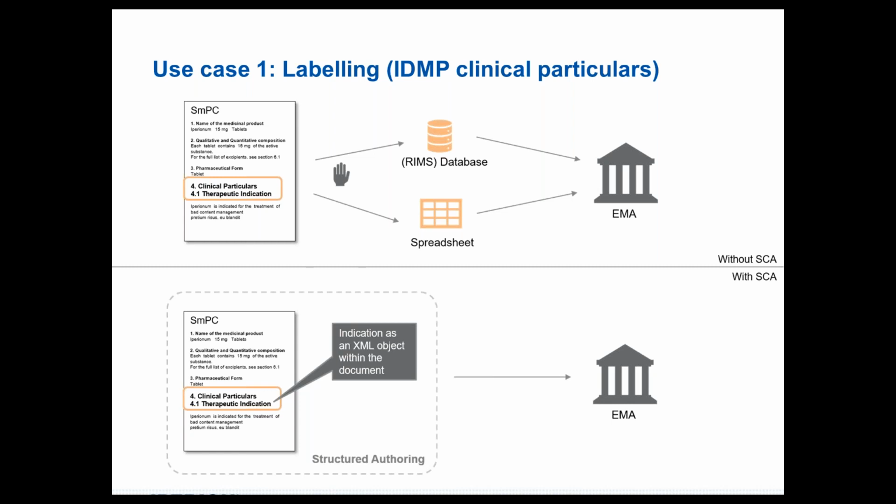Also, as you might notice, there is no picture of the data source system prior to the document as depicted in one of the previous slides. The reason is that this actually describes a very early stage of structured content authoring and what we like to call a hybrid approach.